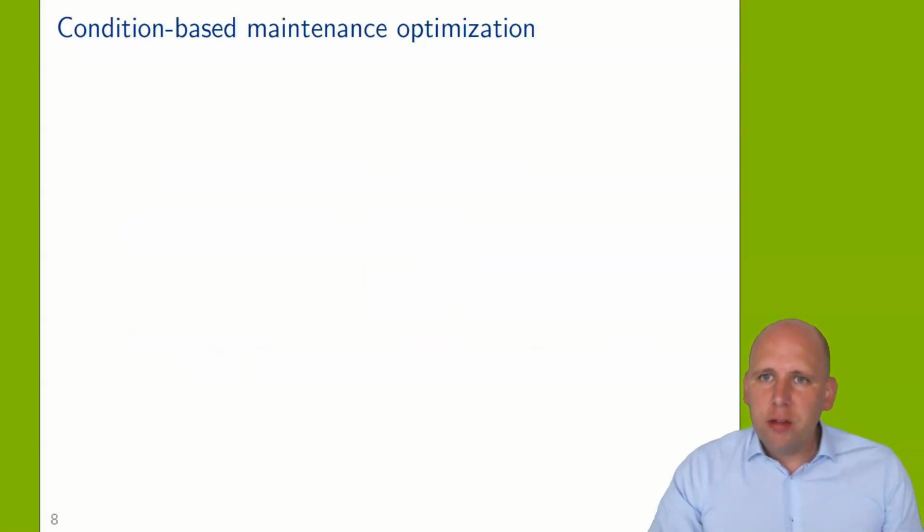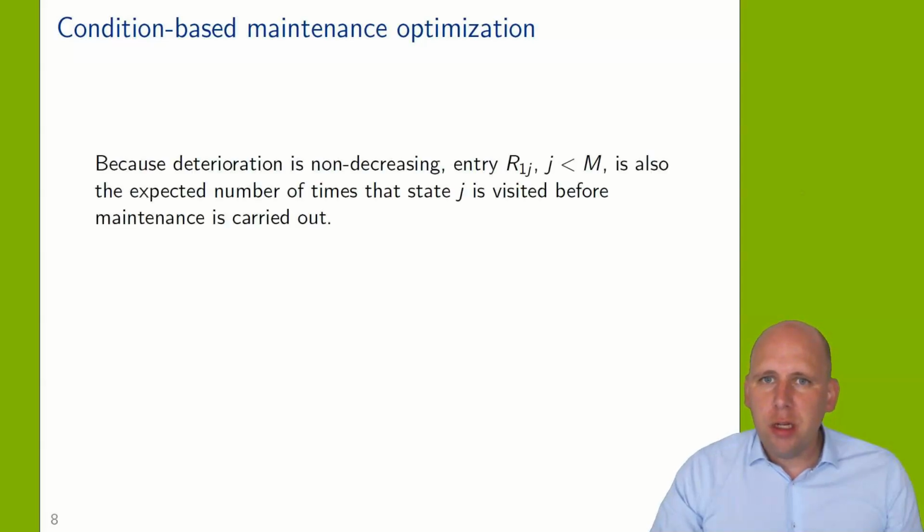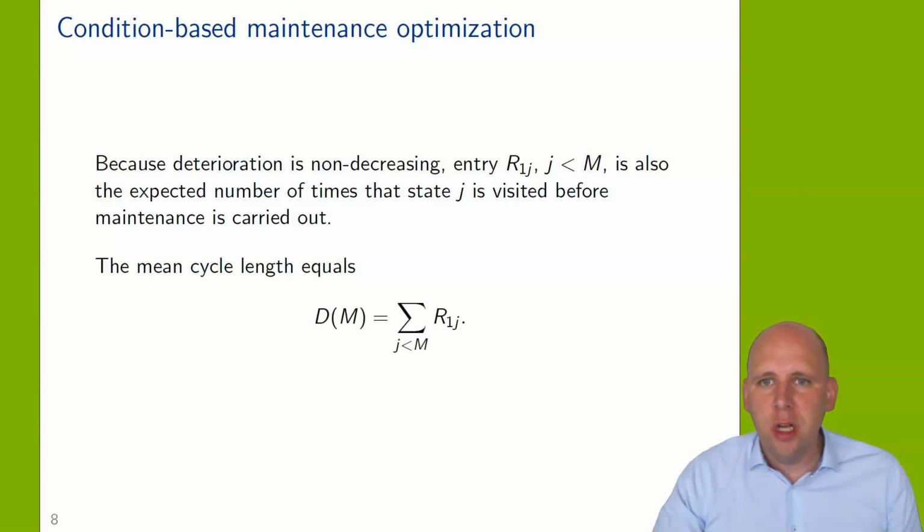We have that deterioration is non-decreasing, and that means that entry j of the first row of R is also the expected number of periods that we are in state j before maintenance is carried out. So the mean cycle length is therefore equal to the sum of the first m minus 1 entries of the first row of R. So that's the mean cycle length.